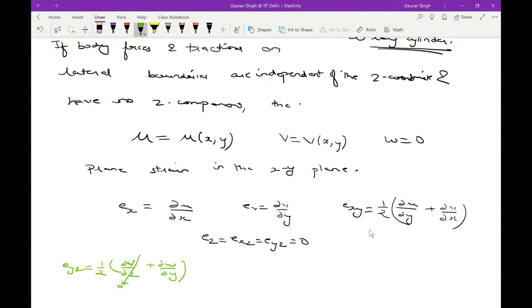W is actually 0, so when you partially differentiate it you will get a 0, and hence you get a 0.